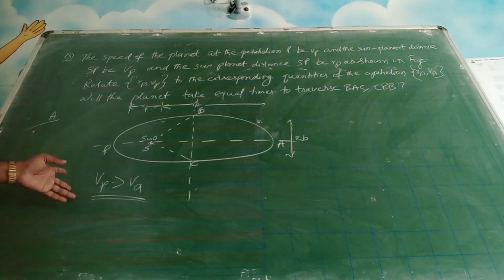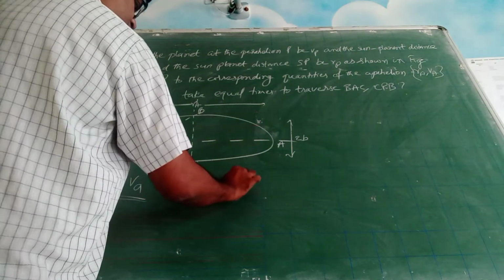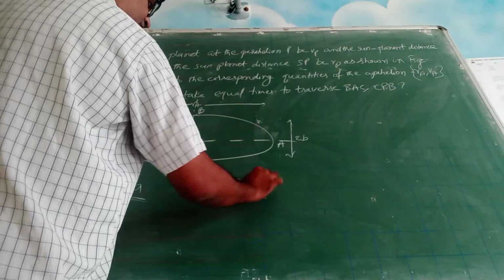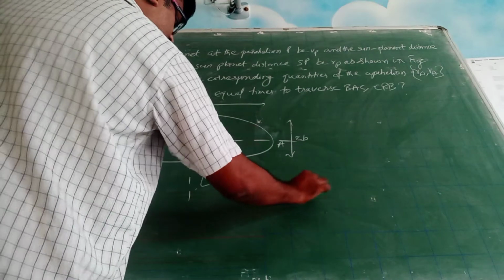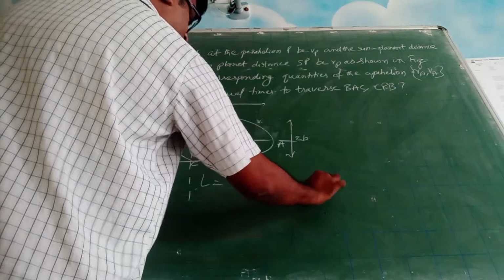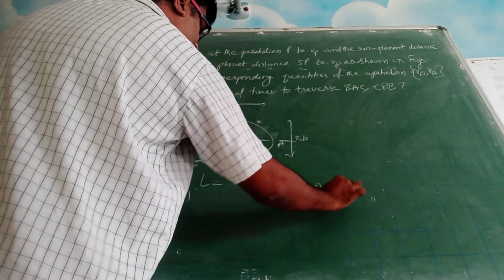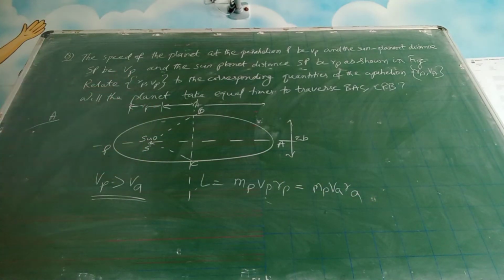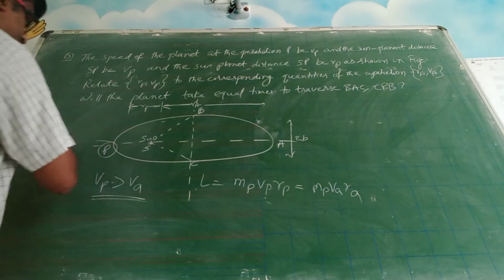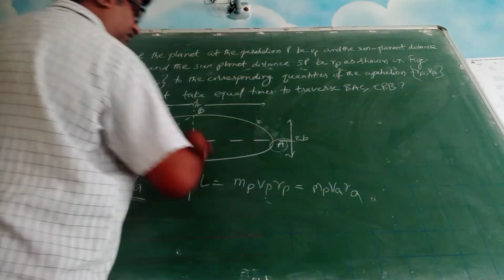L is equal to constant. So when you write L is equal to constant, you can write L is equal to mvr, so it is mp Vp Rp equals mp VA RA. We have taken the ratios there. Just go back in the same video and you can watch it. So the speed is always maximum at perihelion and it is less at aphelion.